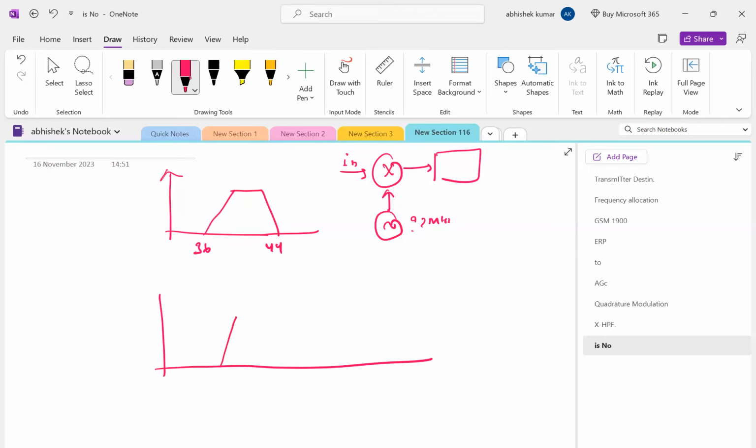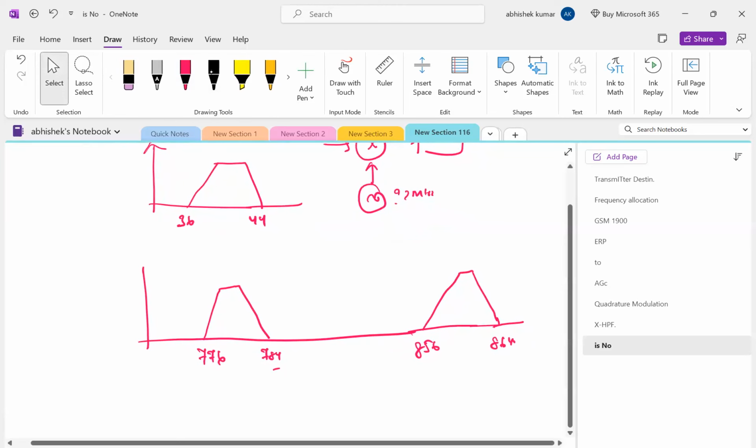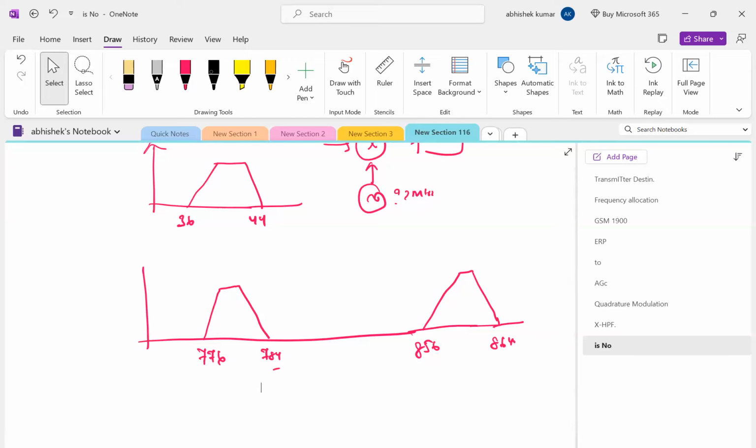Now I am getting the output: 856, 864, 776, and 784. The question is, we want one component as 860.